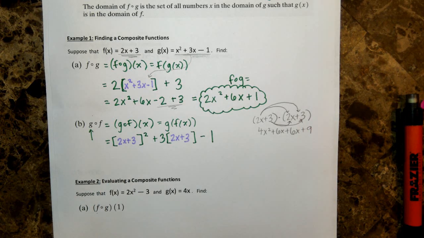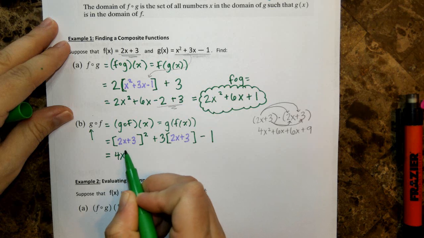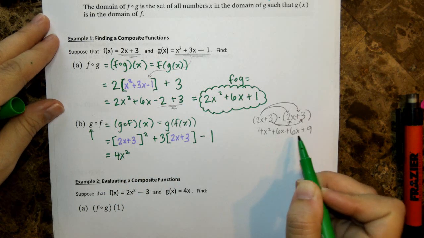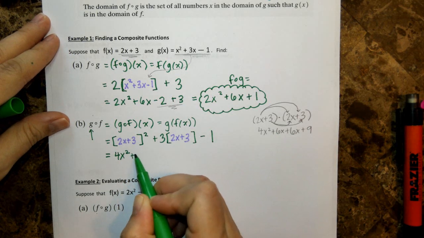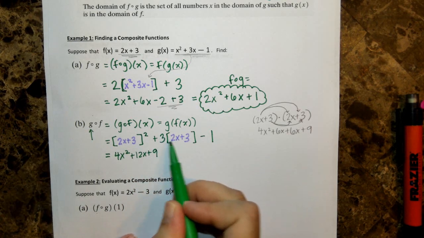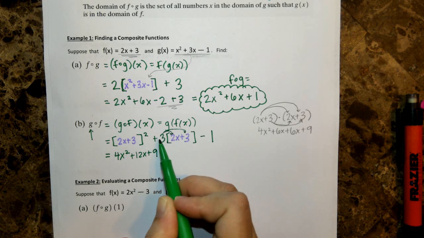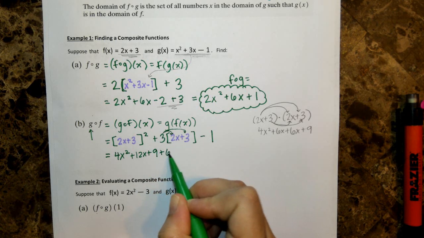So right underneath my next line, I'm just going to go ahead and rewrite this. 4x squared plus 6x plus 6x, that's just 12x, plus 9. And then I can distribute this 3 to whatever's in parentheses. Positive 3 times 2x is 6x.